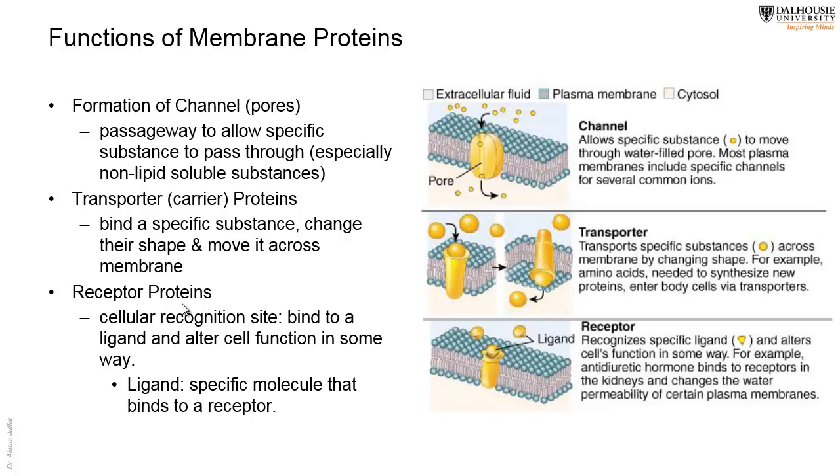So the proteins could either form pores in the membrane for transport, or be transporter proteins by themselves that change the shape of the substance to be transported in order to fit into the pore, or act as receptors so that ligands will attach to them and change the function of the cell.